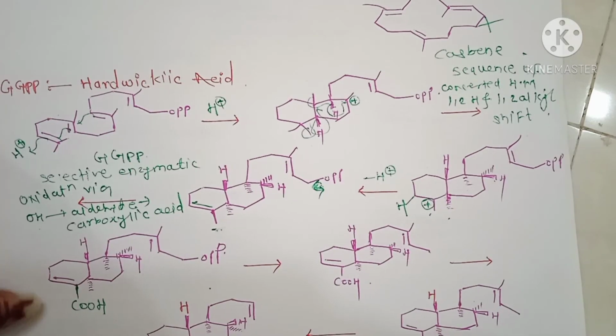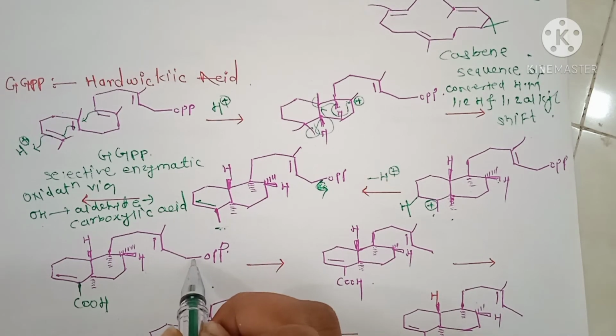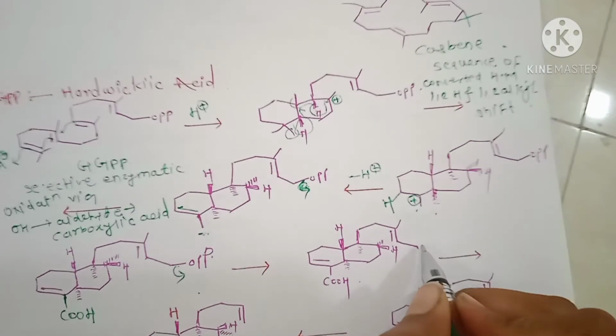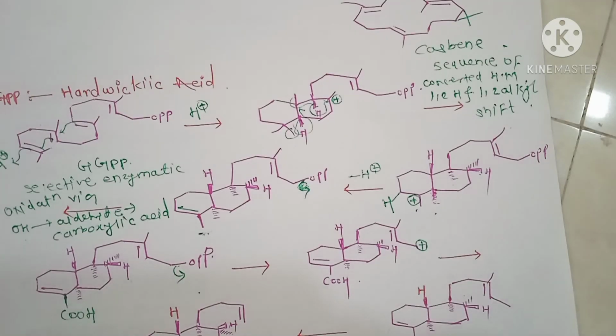Okay, next step is the loss of OPP and the formation of here allyl carbocation. Okay, allyl carbocation.